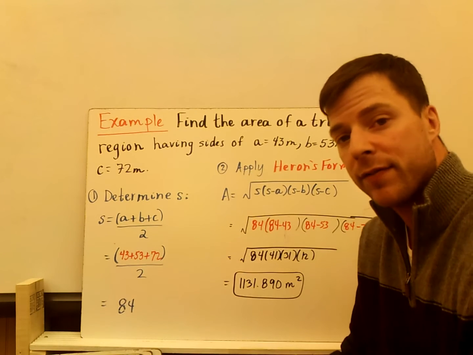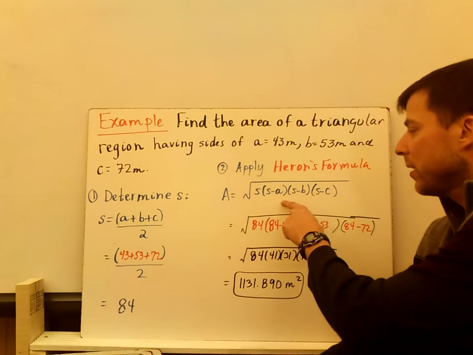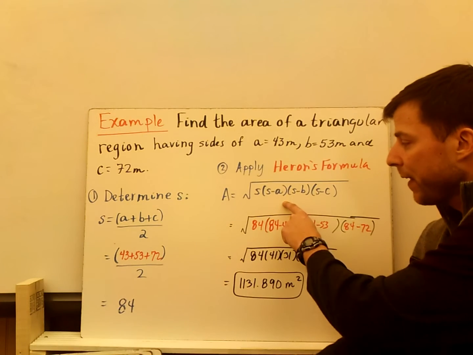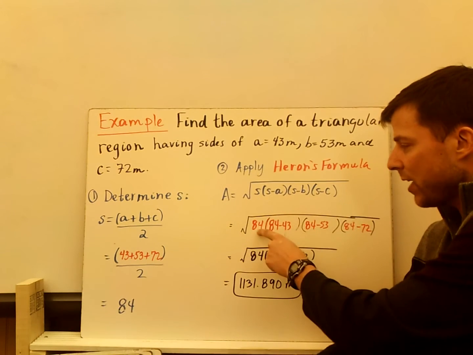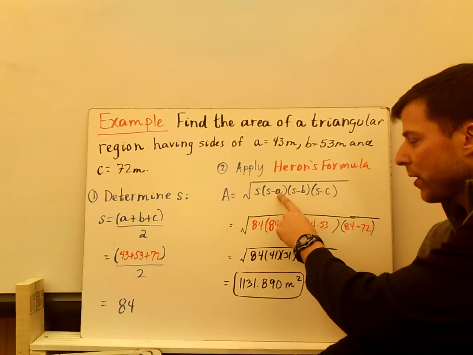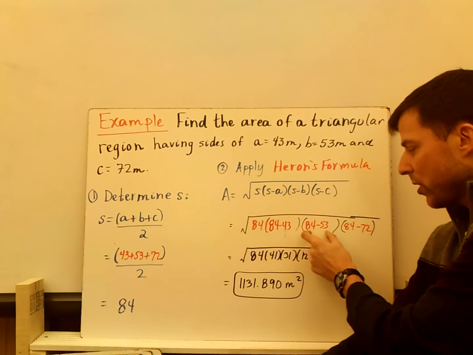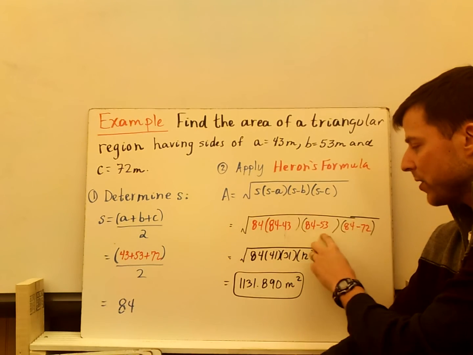Step 2 is now apply the formula. I have s, I know a, I know b, and I know c. So I write the formula here for area, and I substitute all my known values: 84 for s, here, here, and here, and a at 43, b at 53, and c at 72. So here you see those differences written.